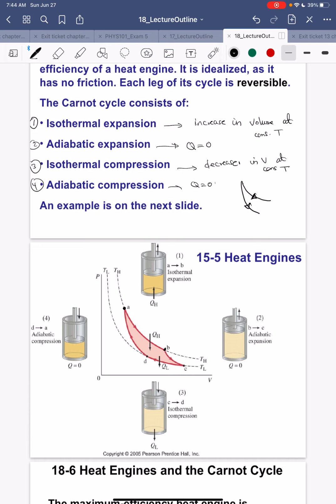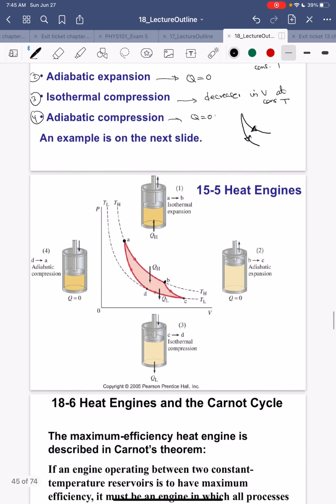There is an increase in the volume, and of course the temperature changes from the hot to the cold, or to the low. After that, the third process is isothermal compression. It is at the same temperature, you have a decrease in the volume, and then you have an adiabatic compression, and this closes the cycle.